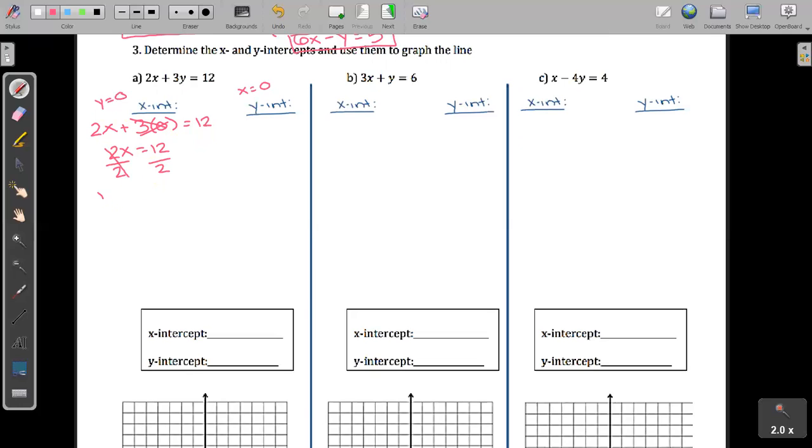Cancels out. We're left with x equaling 12 divided by 2, which gives us 6. So our x-intercept is 6. So to write that as a point, we're going to do 6, comma, and then our y, what we substituted in, is 0. So 6, 0 is our point.